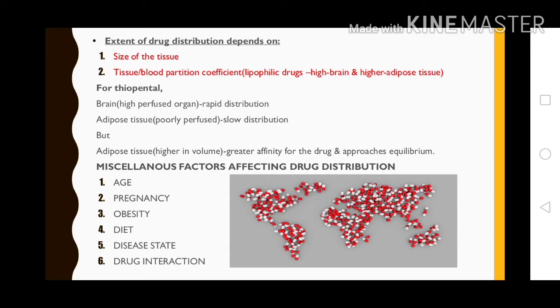But in this case, compared to the brain, adipose tissue is higher in volume. Therefore there is a greater affinity for the drug, so it approaches equilibrium faster compared to the brain. The other factors which affect the distribution of drugs are age, pregnancy, obesity, diet, disease state and drug interaction.